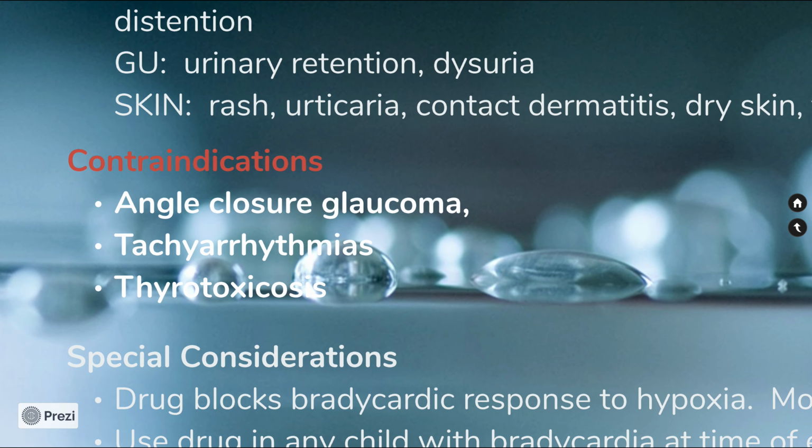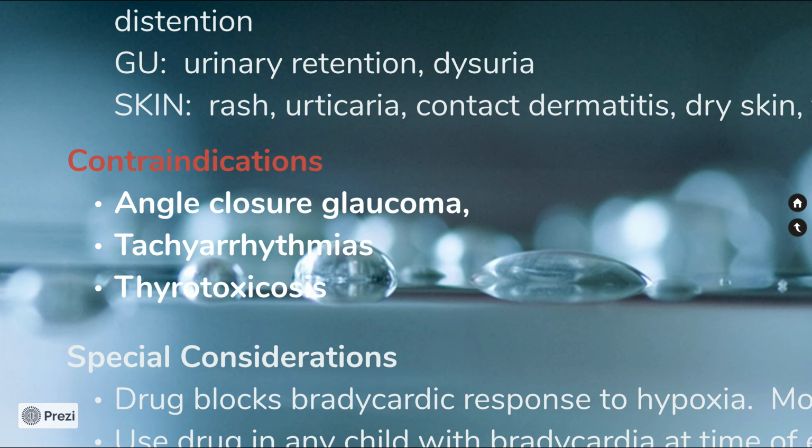Note that angle closure glaucoma in a patient is a contraindication for using this drug. And so are pre-existing tachyarrhythmias and thyrotoxicosis, because you will push the patient to a thyroid storm if the patient is given a drug that will stimulate further sympathetic response.